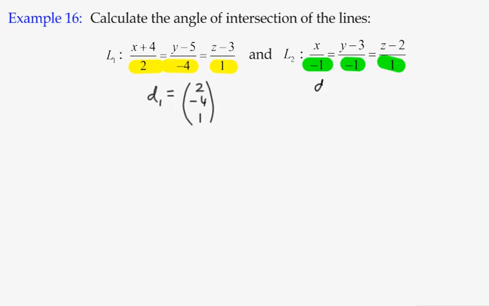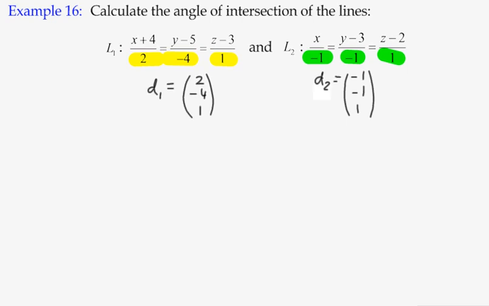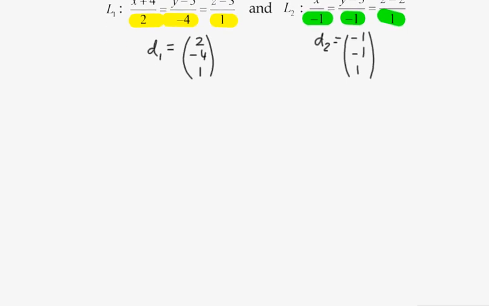And from line 2, the direction vector, we'll call that d2, is (-1, -1, 1). So what do we actually need to do in order to work out the angle? The cos of the angle between them, theta, is equal to d1 dot d2, the scalar product, divided by the product of their magnitudes.